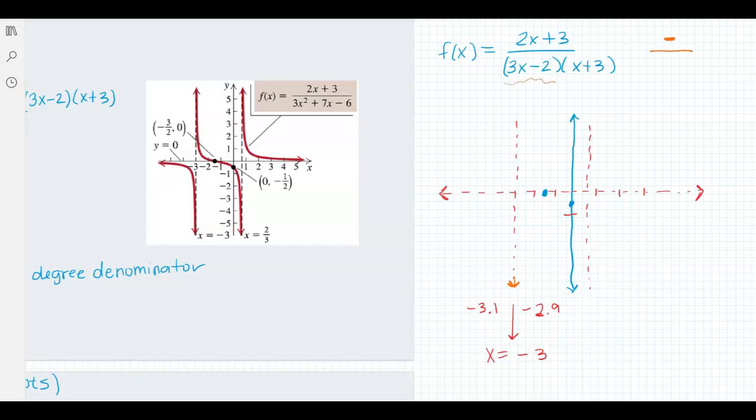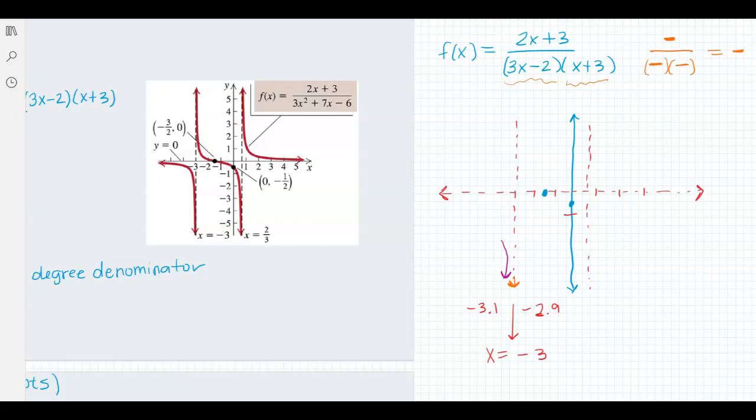Looking at this factor here, I'll get something like negative 9 minus 2. That's also going to end up being a negative number. And then when I plug this in, negative 3.1, that's also going to be negative. So I know that I have a negative number divided by two negative numbers multiplied. This will be a negative number overall. So that's how I know that the graph is going down. It's going towards negative infinity at that point.